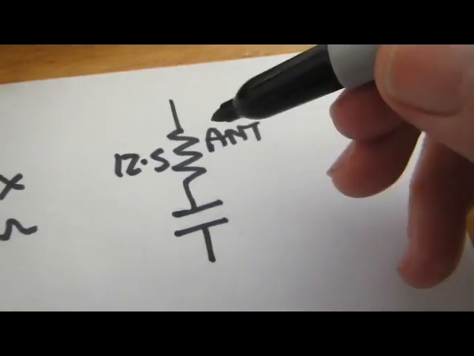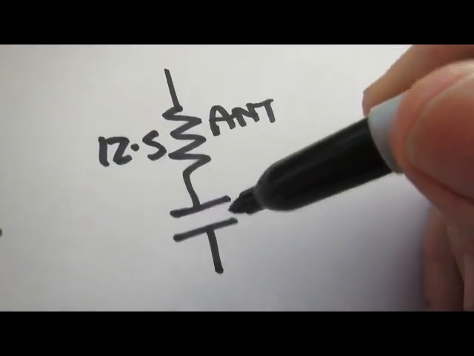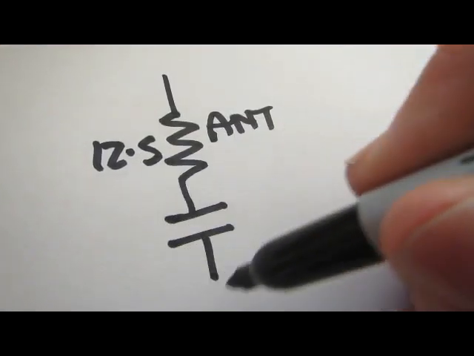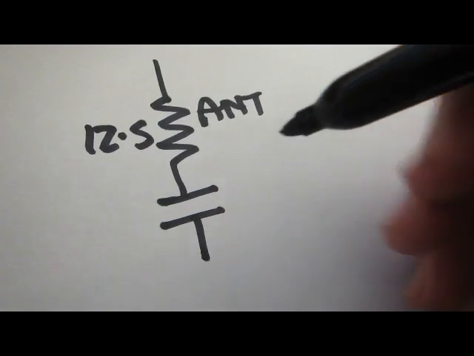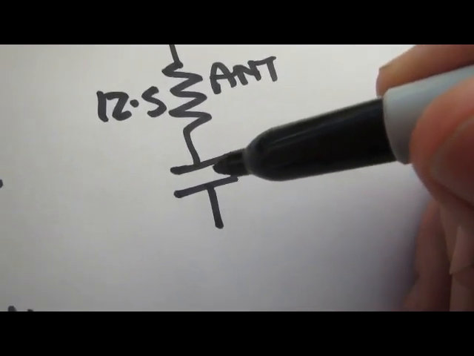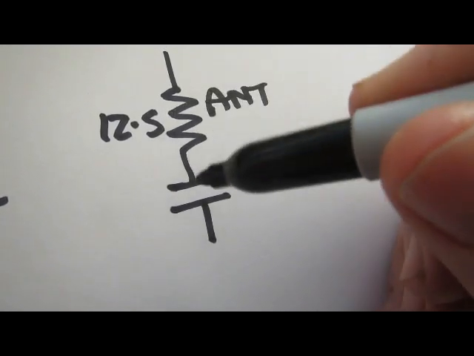This is the antenna, which was 12.5, a pure resistance. Now to produce something having a Q of 2, we're going to intentionally put a capacitor in series with it, and we want this combination to have a Q of 2. So remember that for a series network like this, we want the capacitor to have only small resistance in series.